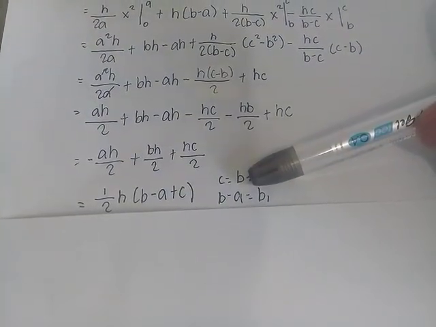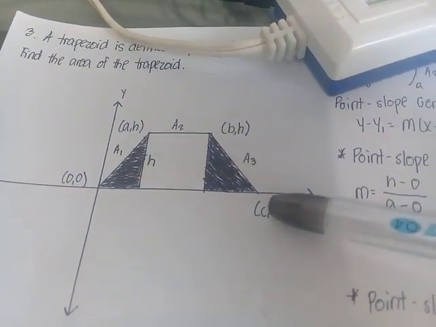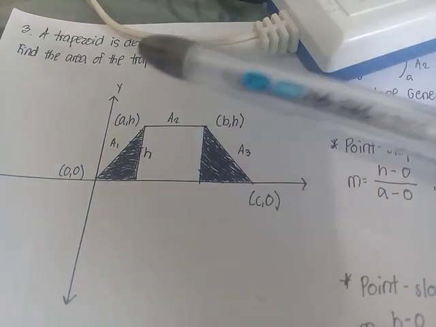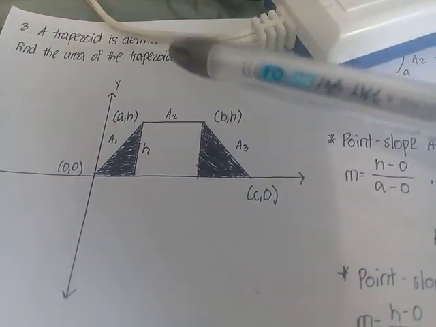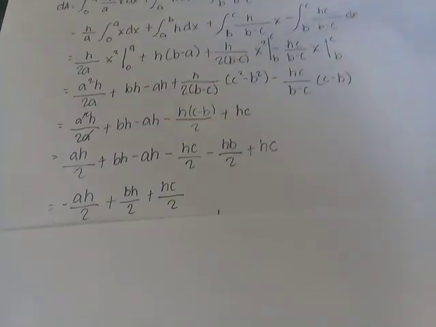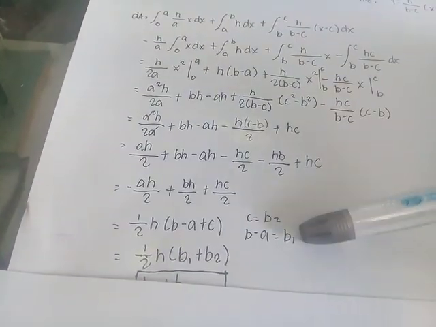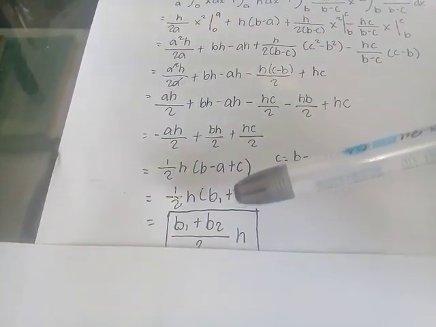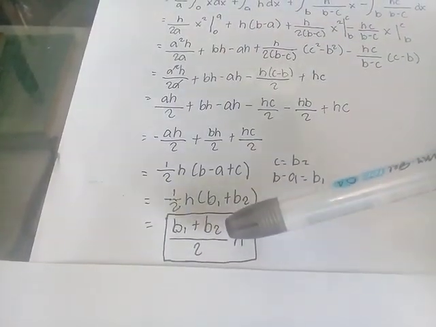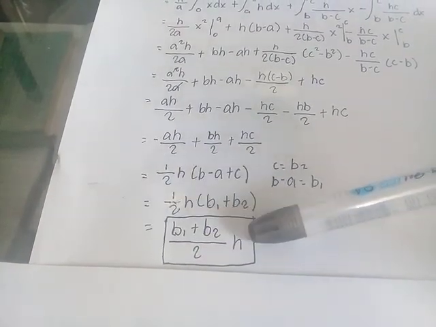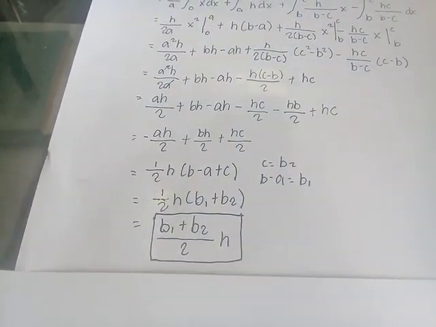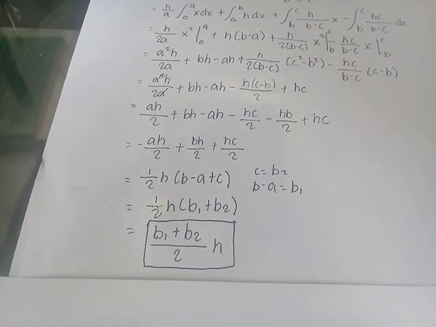Then we remembered earlier that c will become the b2, and b minus a will be the b1. So let's substitute it right here. Then we can write it simply as b1 plus b2 over 2 times h. So we have now proven the area of the trapezoid.